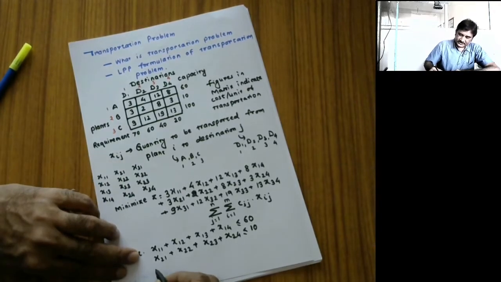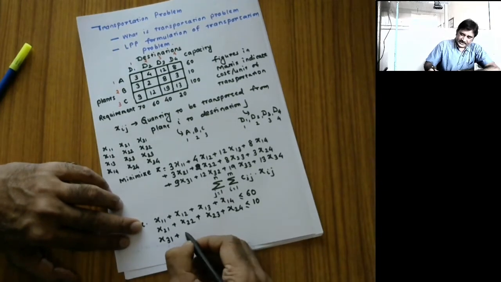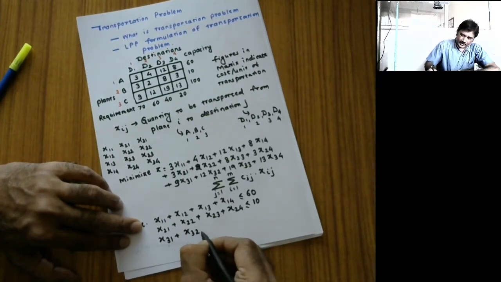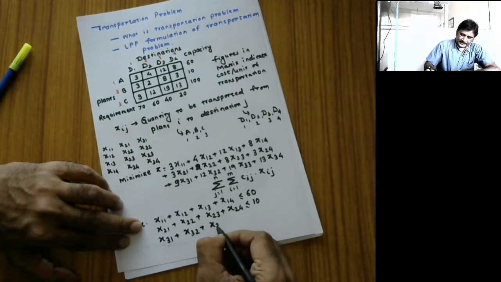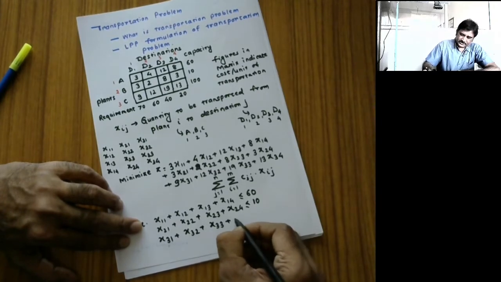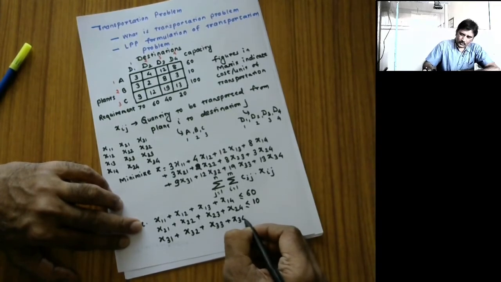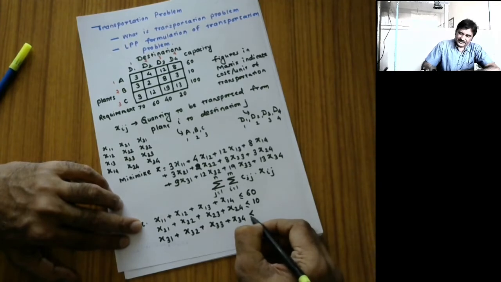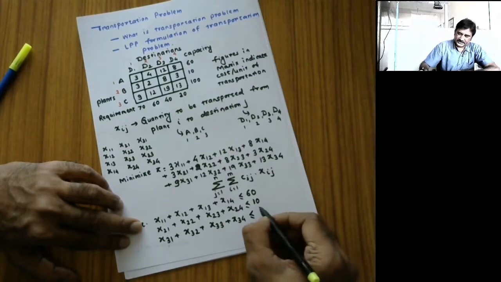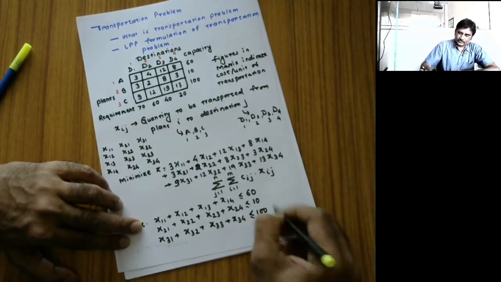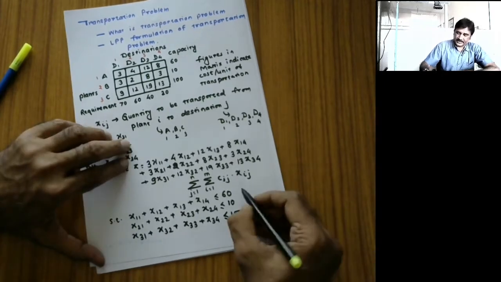Then the third constraint will be X31 plus X32 plus X33 plus X34, less than or equal to the capacity of C, that is 100. So these are all capacity constraints.